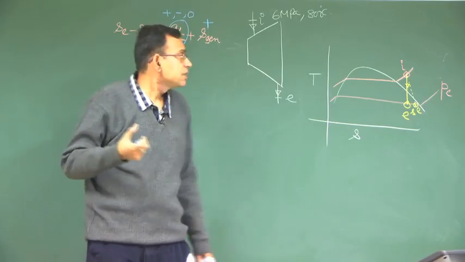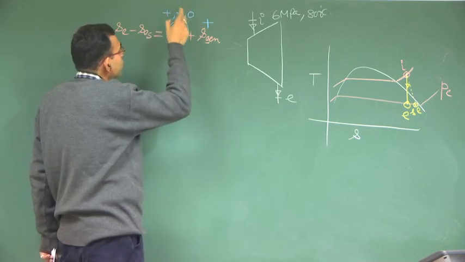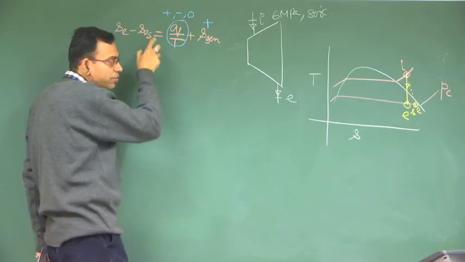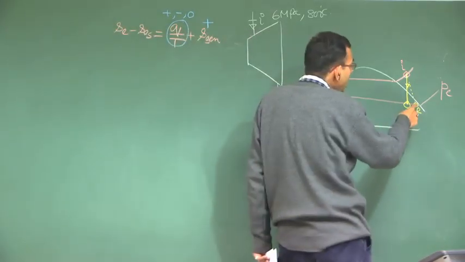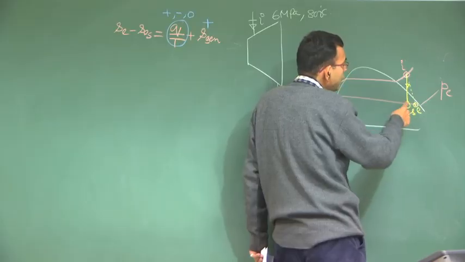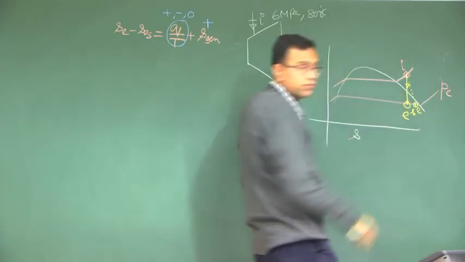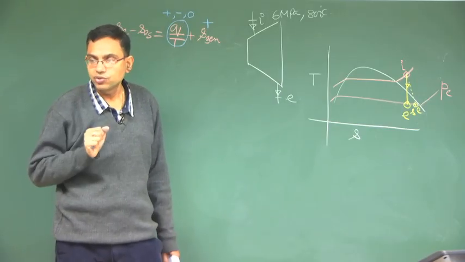You could have this Q plus, minus or 0. So, the net SE minus SES could be plus, minus or 0. So, technically this E could be in the right of ES, it could even coincide with ES, and it could be in the left of ES. That must be conceptually understood.